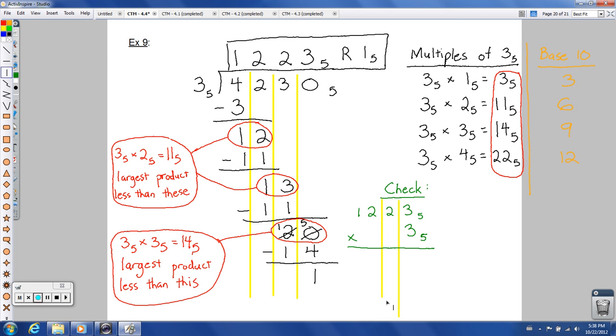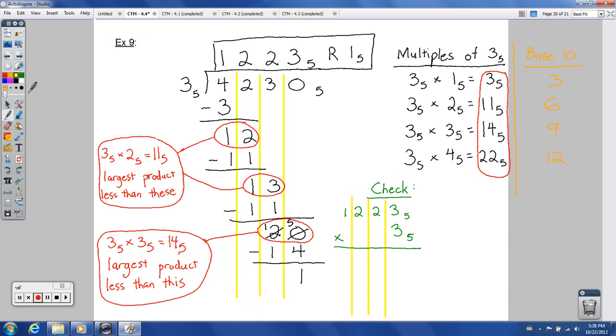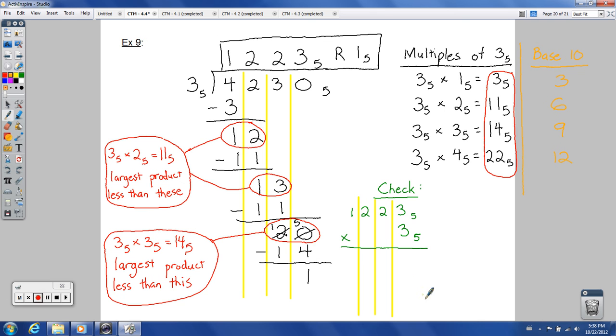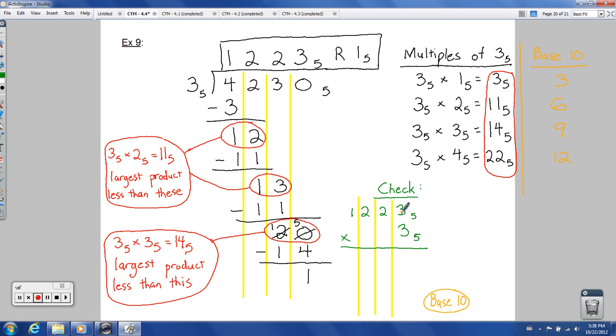I'm going to do some thinking in base 10, and I'm going to convert back to base 5. So thinking in base 10 down here. What is 3 times 3? So some extra multiplication practice within the context of this division problem as we check. 3 times 3 would be 9.